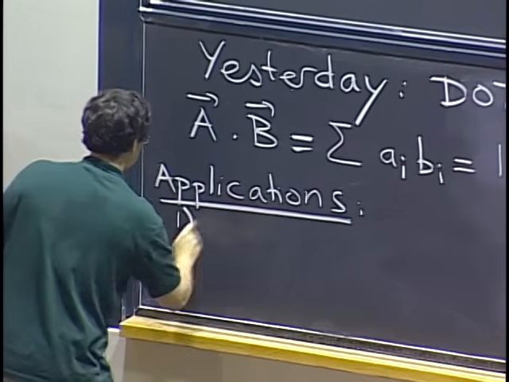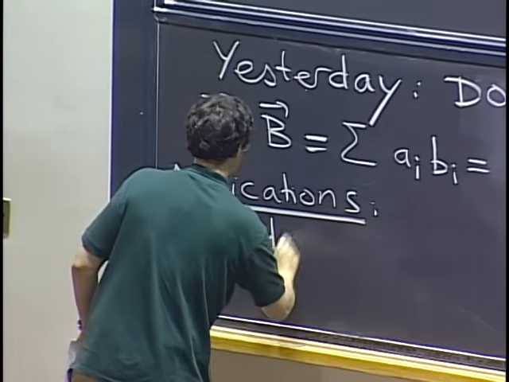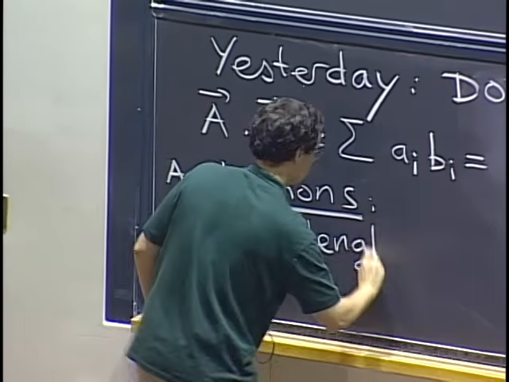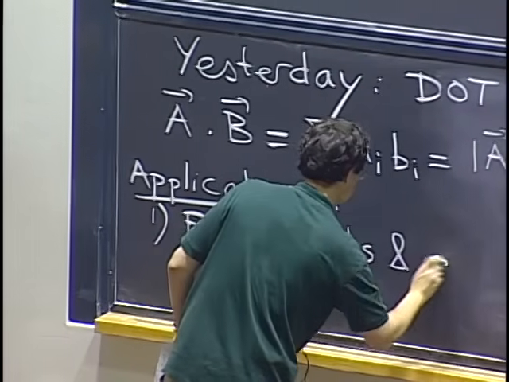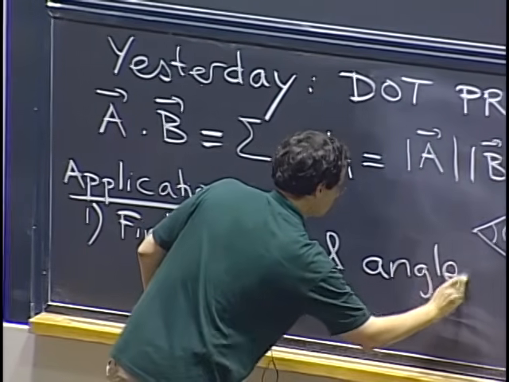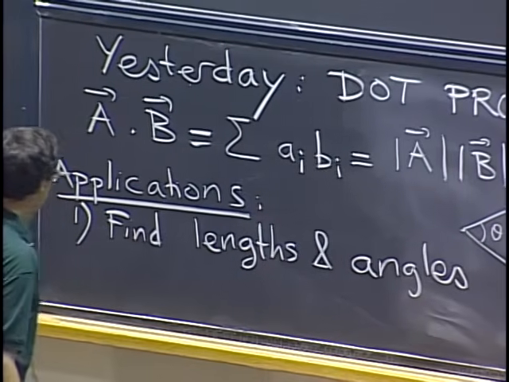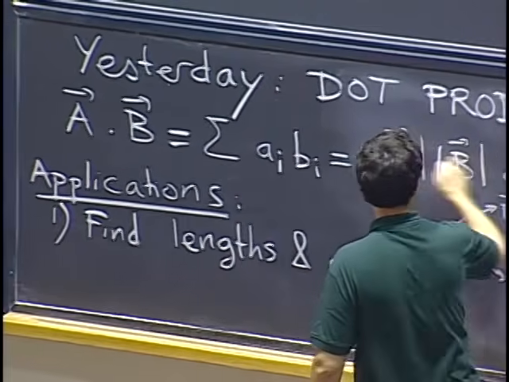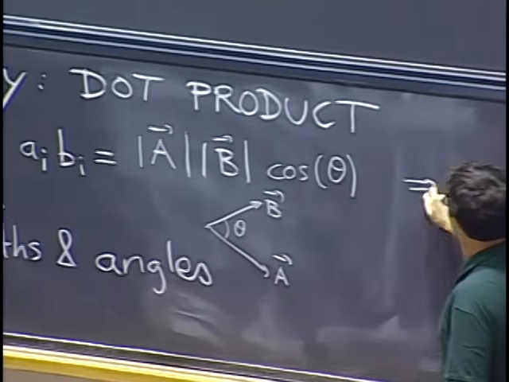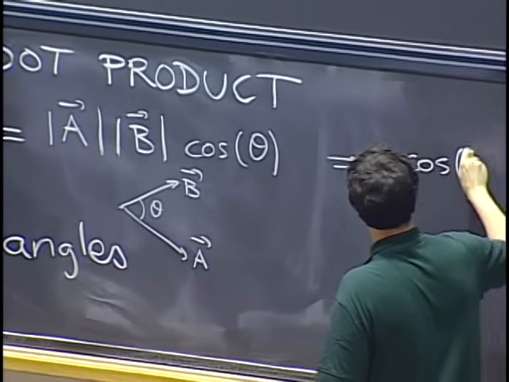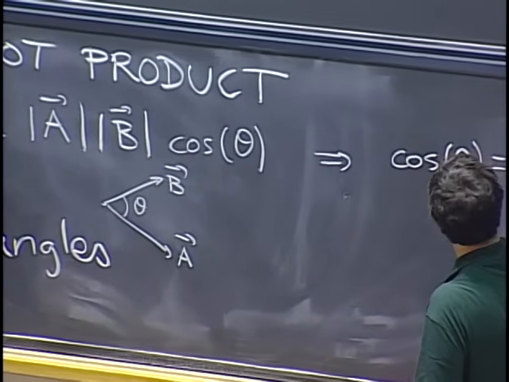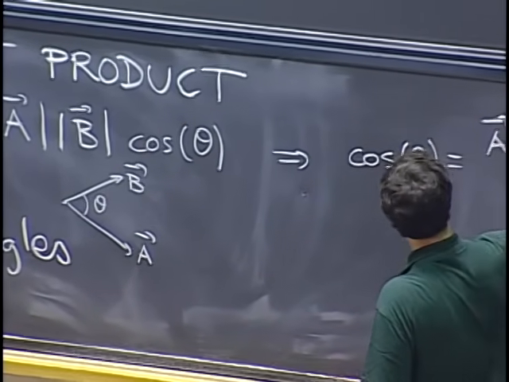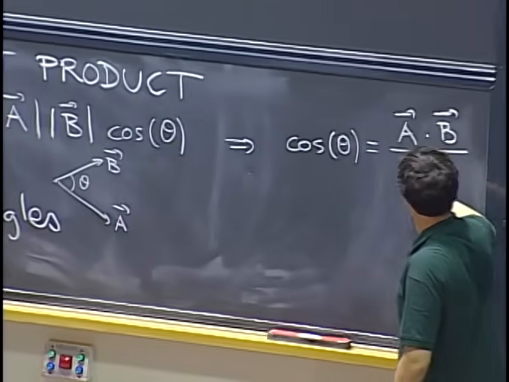One application is to find lengths and angles. For example, you can use this relation to give you that the cosine of the angle between two vectors is their dot product divided by the product of the lengths.